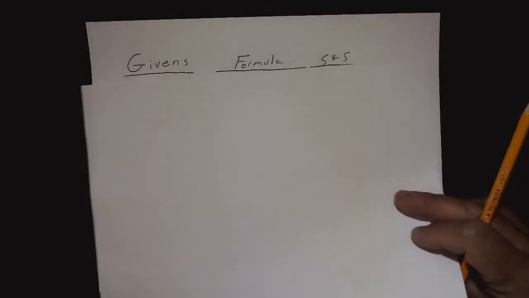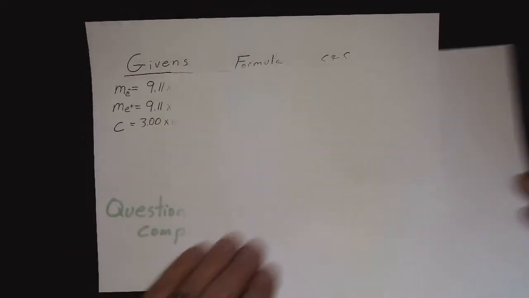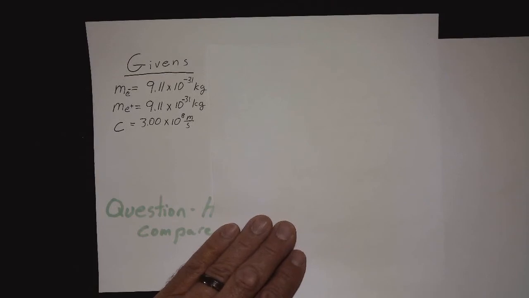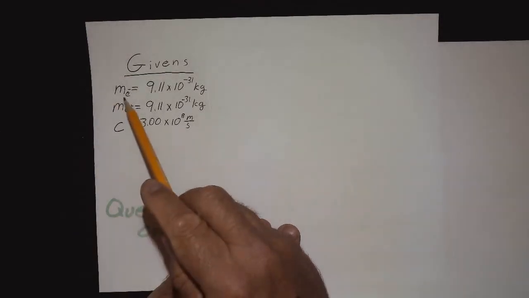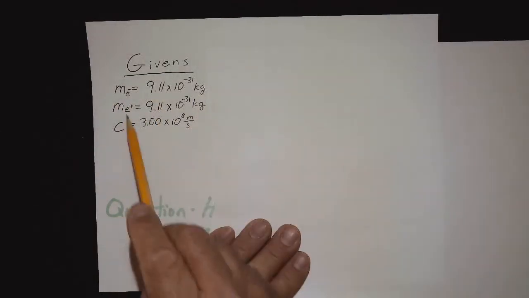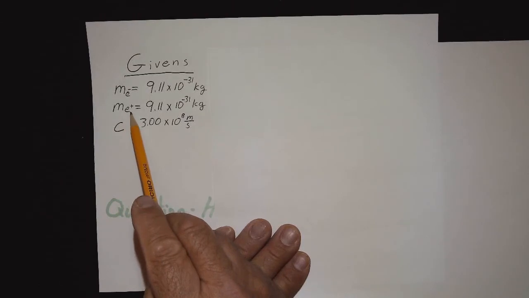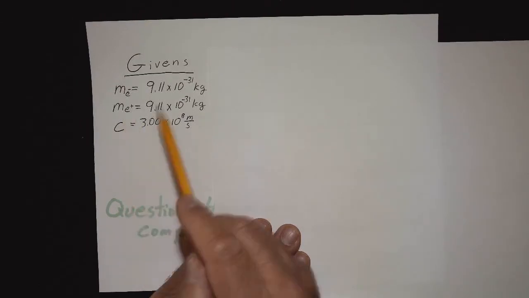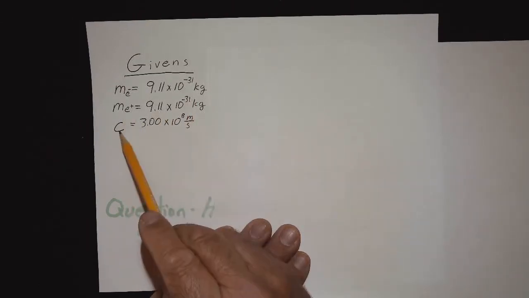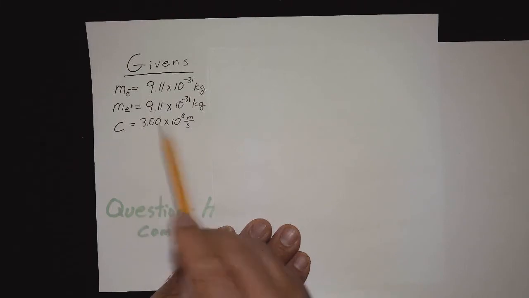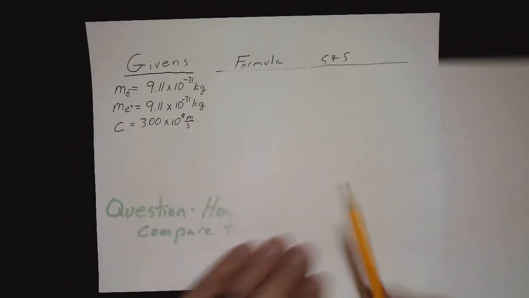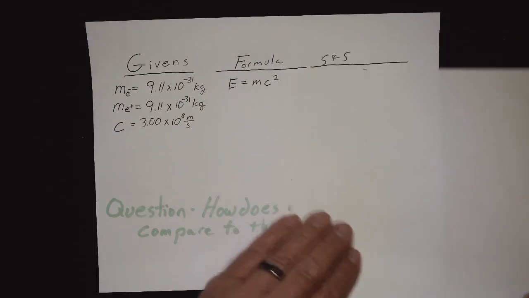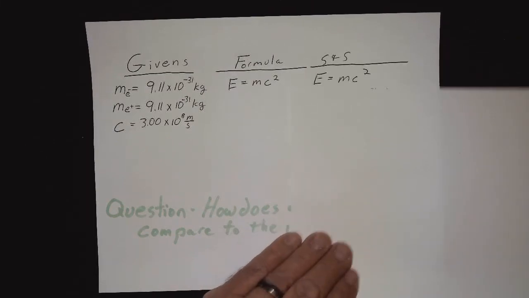All right, so the givens. What do we have for givens? Well, we have the mass of the electron. We have the mass of the positron, that's the anti-electron, that's e+, and they're the same. We have c is 3.00 times 10 to the 8th meters per second. The formula, E equals mc squared, and we solve it.